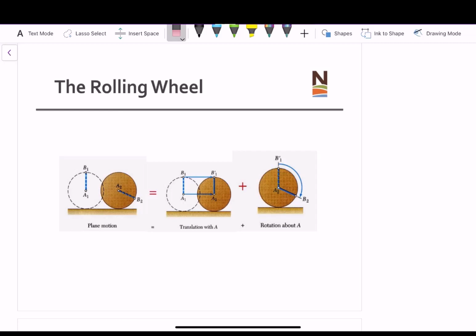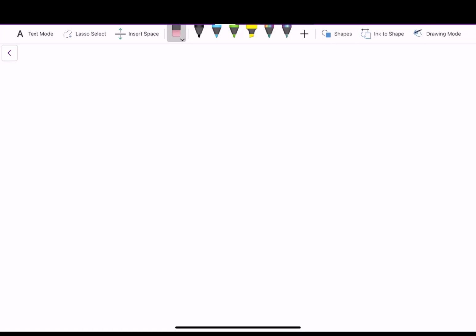But we also have rotation of these 2 points, of B with respect to A. Since A is located at the center of the wheel, it does not experience any rotation. However, as B moves from B1 prime to B2, we see that it does rotate with respect to A. Let's take a look at some numerical examples to get a better understanding of how this works.